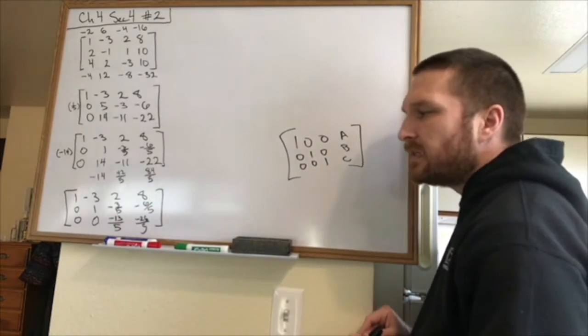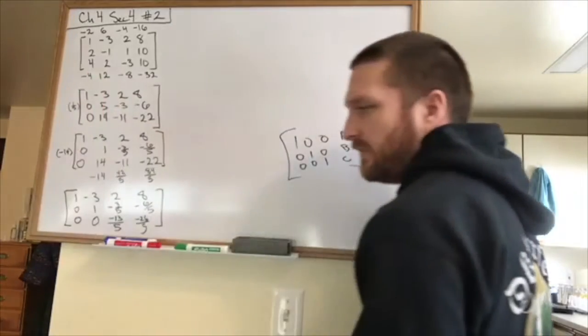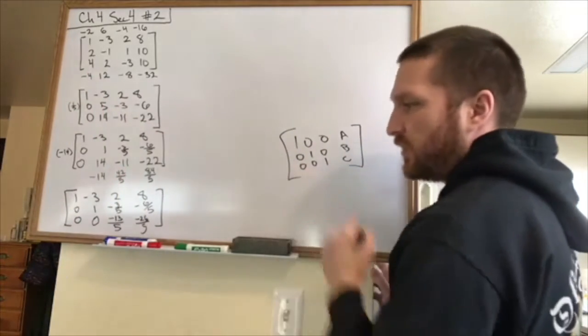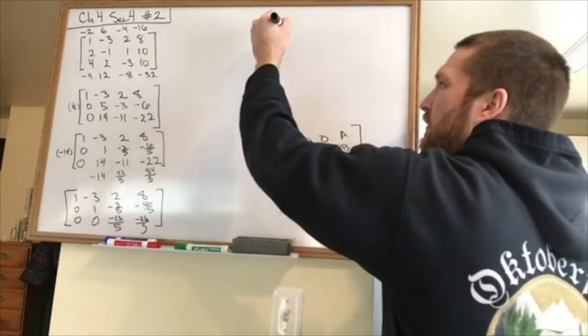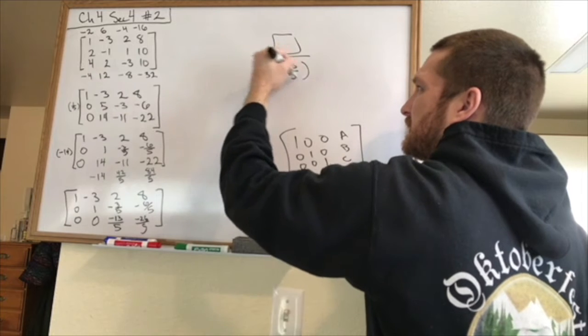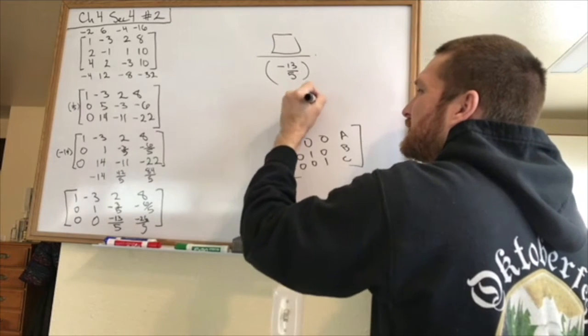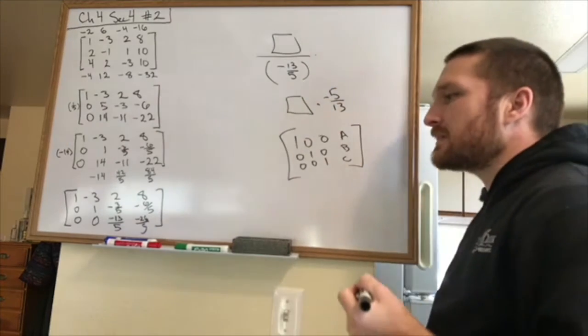How do we do that? Well, before, when it was, say, a 5, we divided by 5. So we could say we'll divide that by negative 13 fifths. We would have some number and we would divide by negative 13 fifths. That's the same thing as multiplying whatever that number is by the reciprocal, negative 5/13.